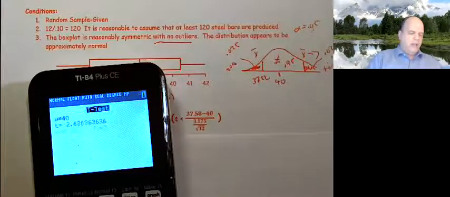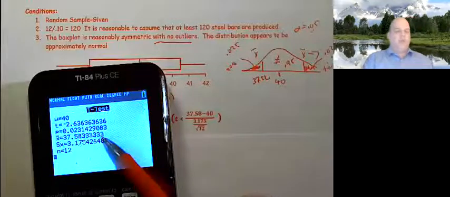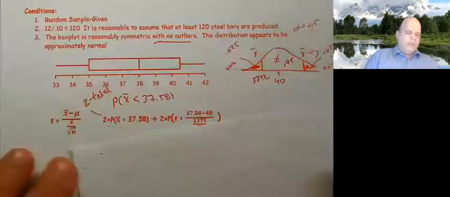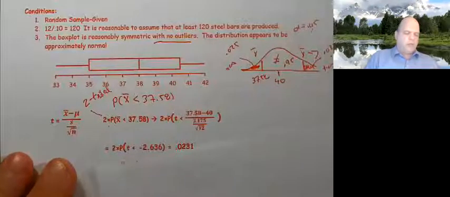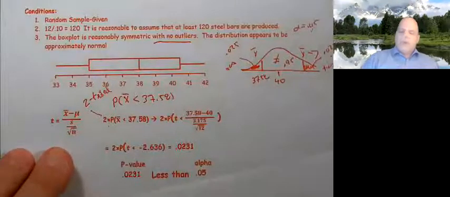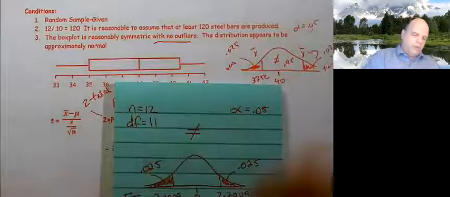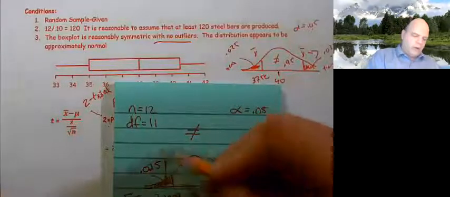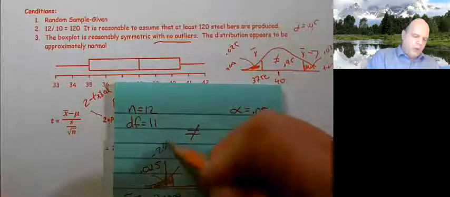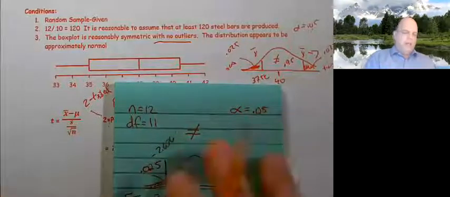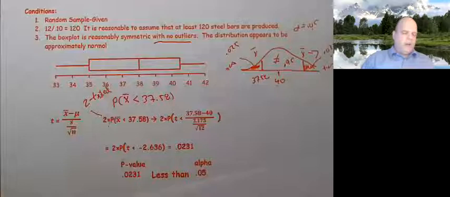And the calculator does the doubling for us. So we ended up with a test statistic of 2.636. Looking back at my chart right here, 2.636 is somewhere over here. So based on my test statistic, I would be rejecting.